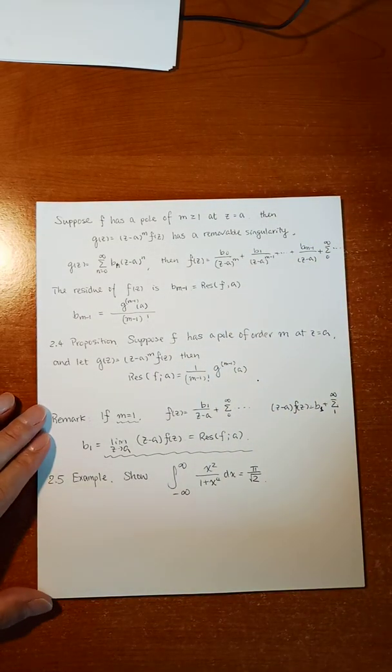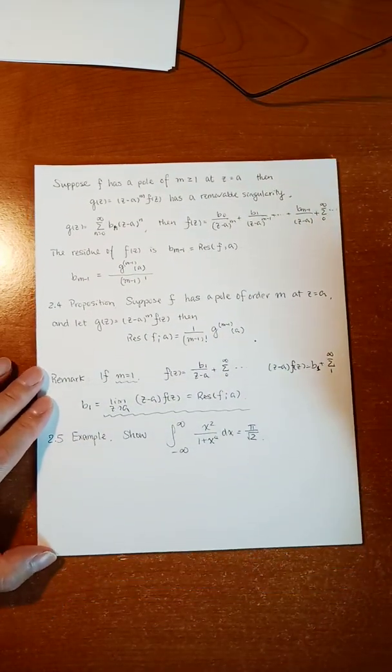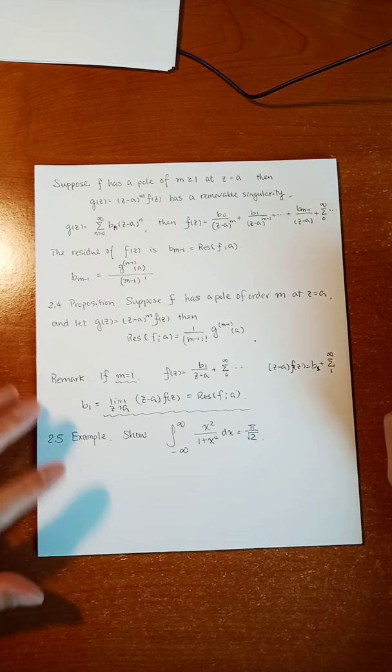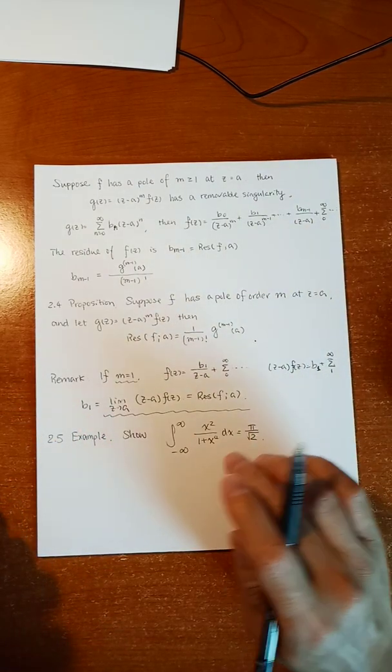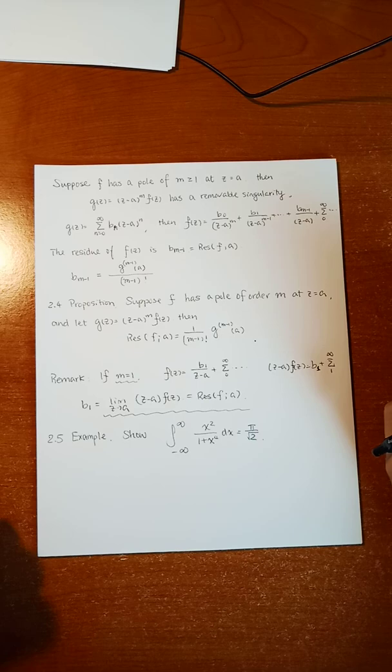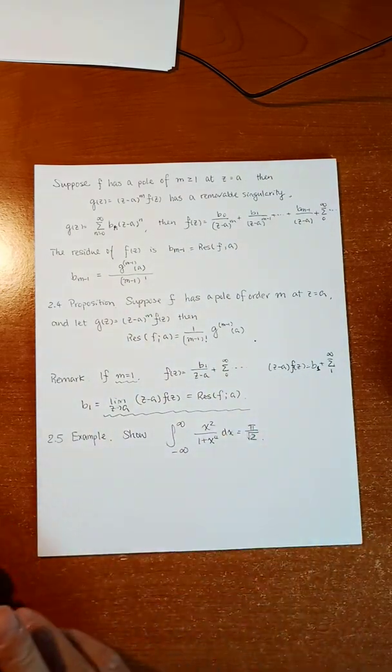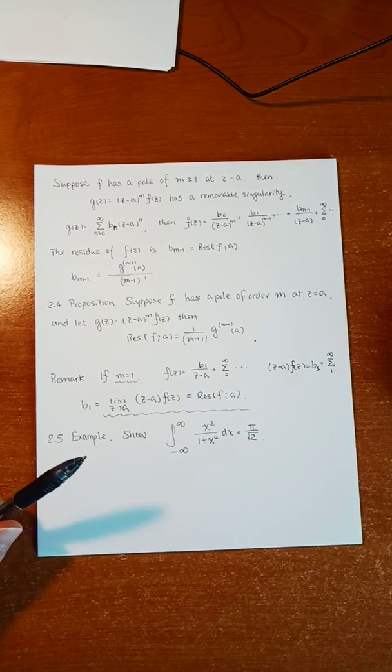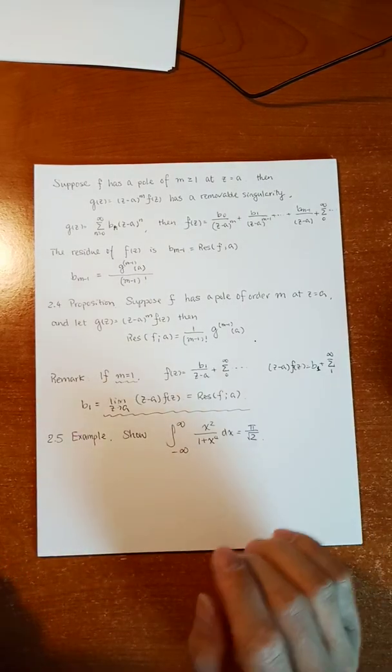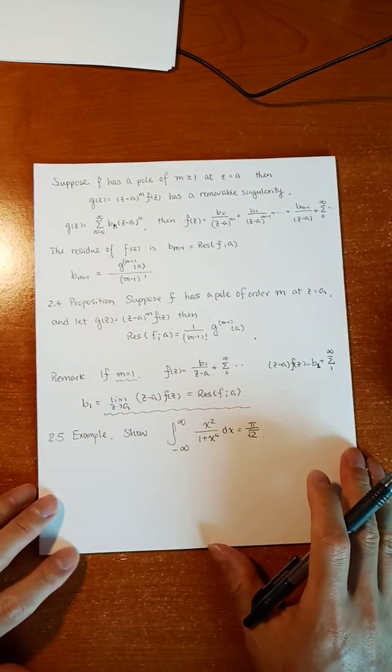All right, so it looks very difficult because we don't have such computation before, and the denominator cannot be factored. It has no real zeros. You cannot apply the partial fraction method.